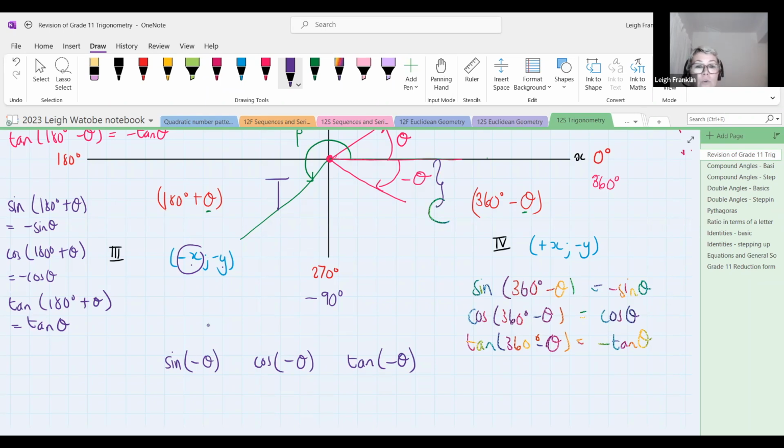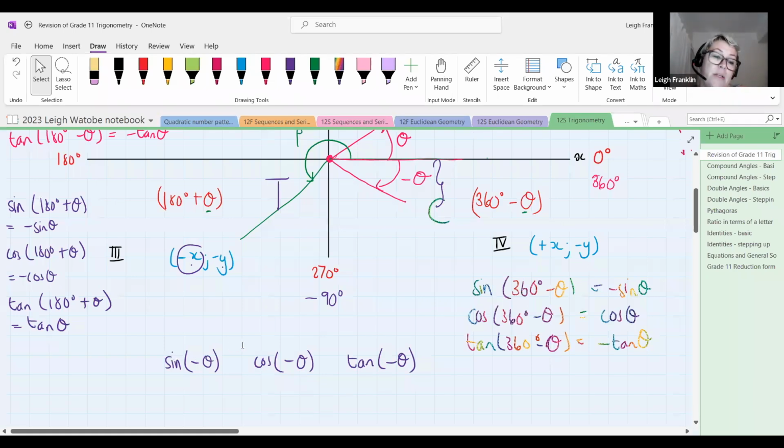So in other words, our terminal arm is not moving from lying on top of the x-axis into the first quadrant. It's moving in the opposite direction. It's moving into the fourth quadrant. So we interpret sine minus theta, cos minus theta, and tan minus theta as meaning that the terminal arm has come to rest in quadrant 4.